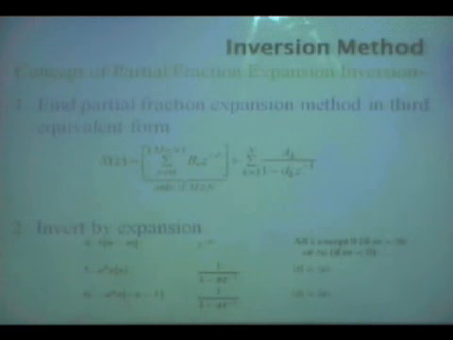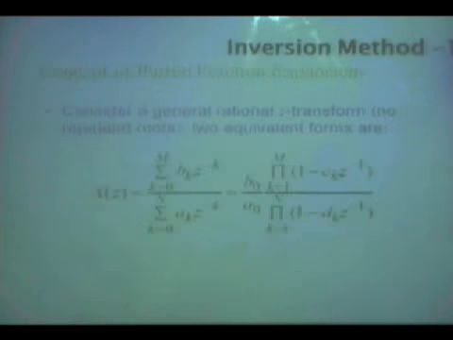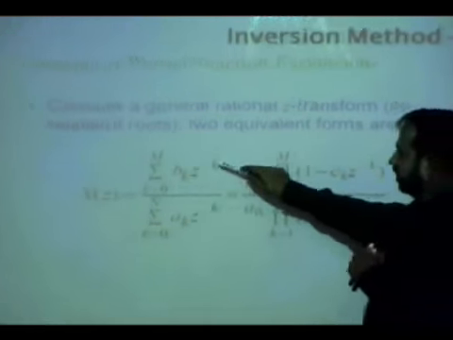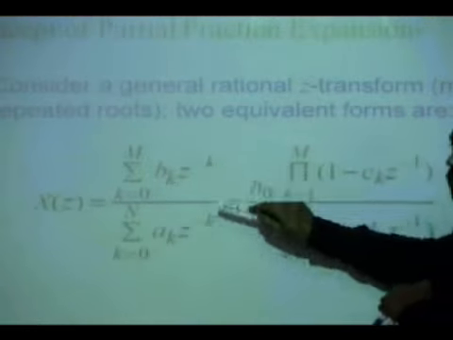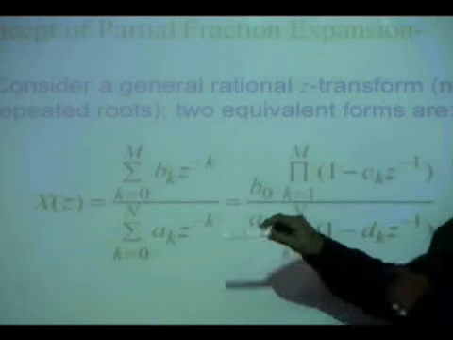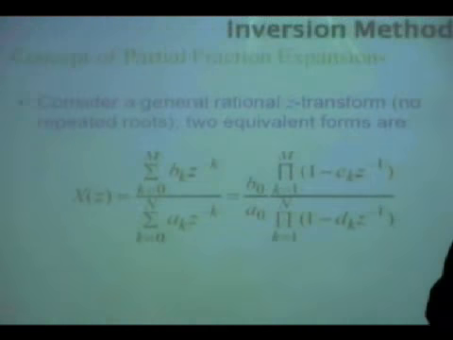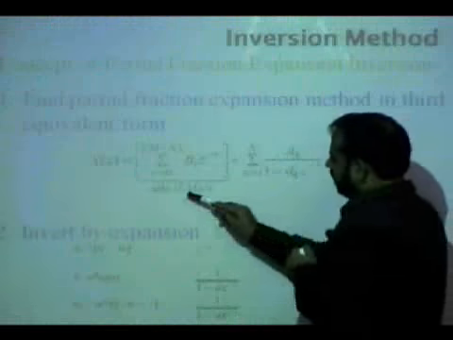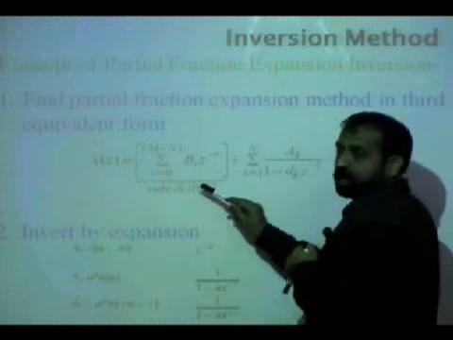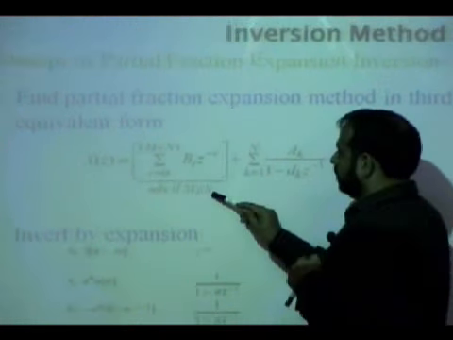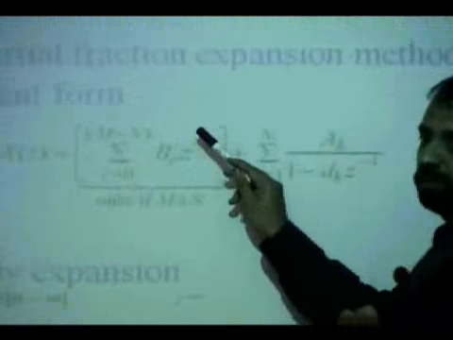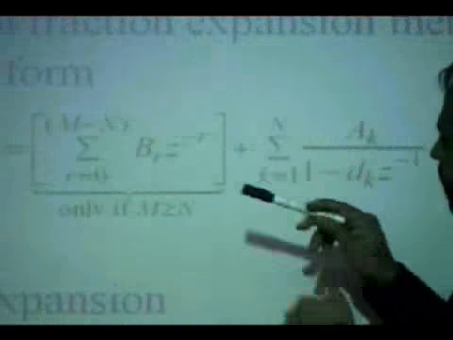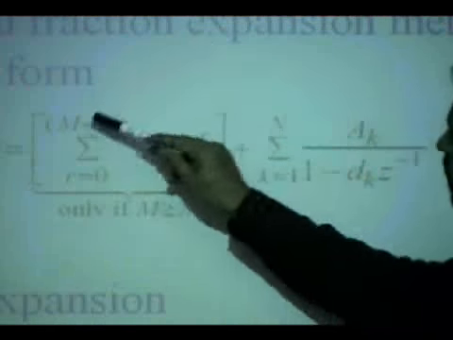We know the partial fraction expansion method: you first do a long division if the power of the numerator is greater than or equal to the power of the denominator, to make it smaller, and then you compute the partial fractions. So if m, the power in the numerator, is greater than or equal to n, you do long division, and that division will generate these factors.